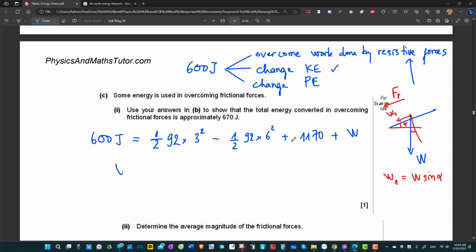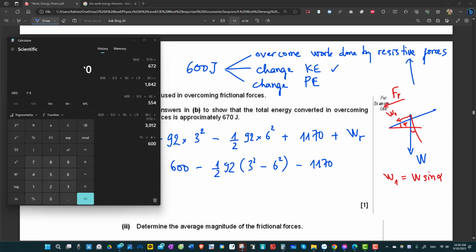So that W of the resistive force is the number on the left here, subtract all of these things on the right: 600 minus 1/2 times 92 times 3 squared minus 6 squared. This is the change in kinetic energy. Subtract that thing and also subtract 1170.